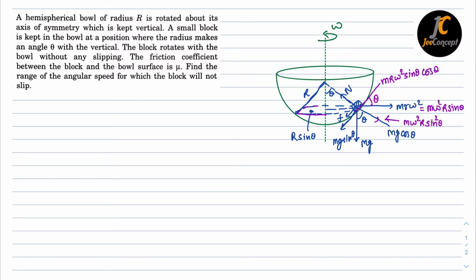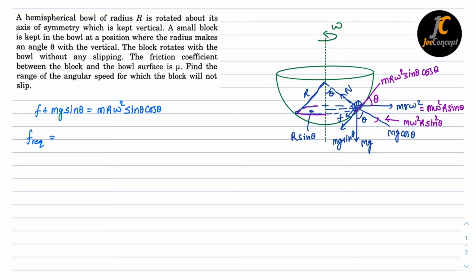Now if the friction is acting in the downward direction, that means f plus mg sine theta is equal to m r omega square sine theta into cos theta. So this is the required friction to keep this object in this position.